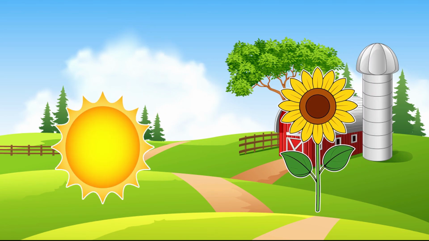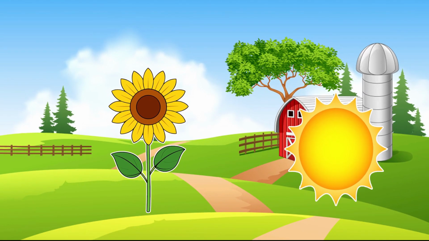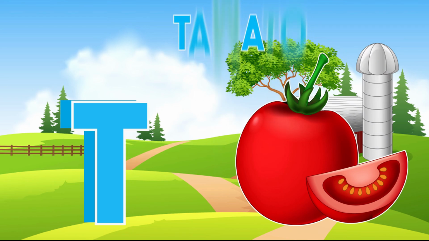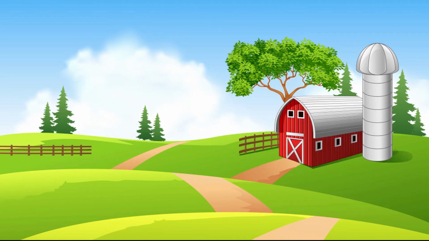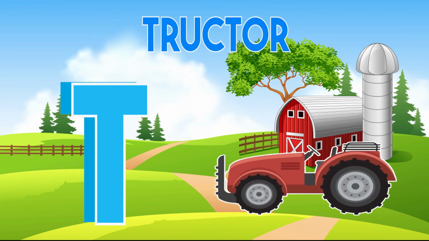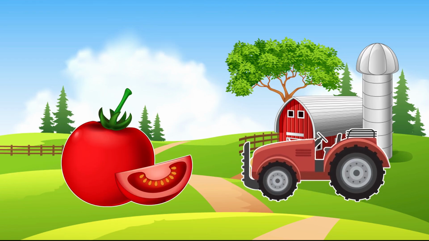S is for sun. S is for sunflower. T is for tomato, tomato. T is for tractor, tractor. T is for tomato.